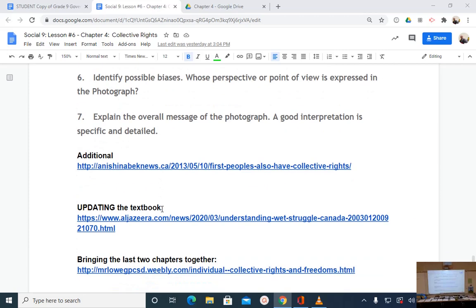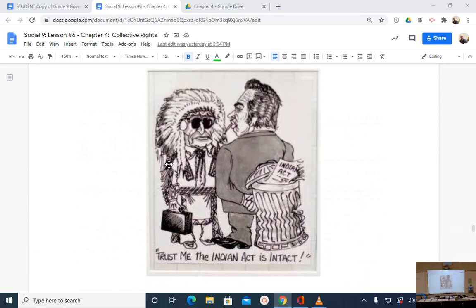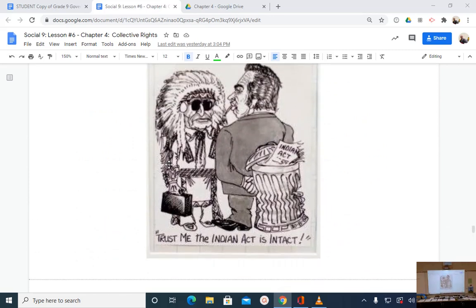So, in summary, we'll see cartoons this year. We'll see them on multiple choice, but moving ahead to grade 10, 11, and 12, cartoons will play an even bigger role in how you're evaluated, how we hold you accountable for the content we study. We want you to be able to look at sources and to see the topics that we're covering.